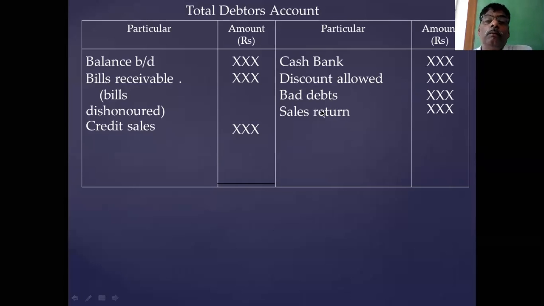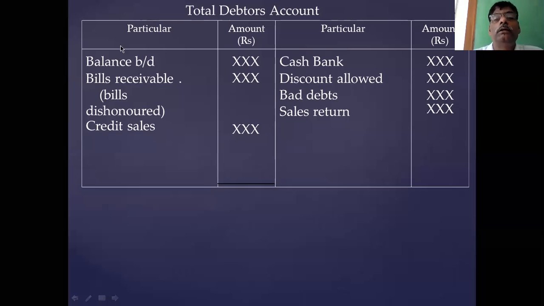Then if any debtor fails to pay our amount and that amount is converted to bad debt, you record it as 'by bad debt'. And if any goods are returned by the customer, that is called sales return, and it comes on the credit side.